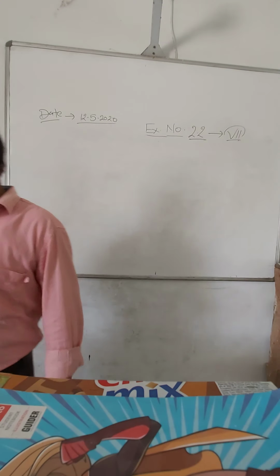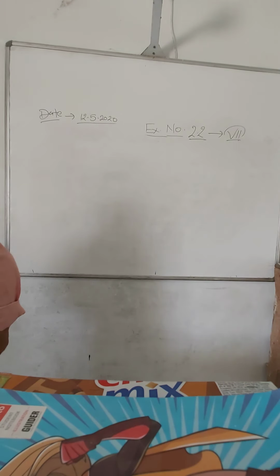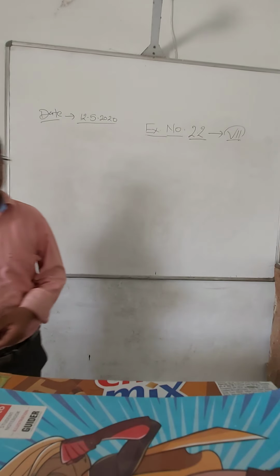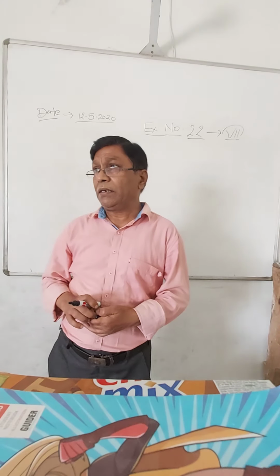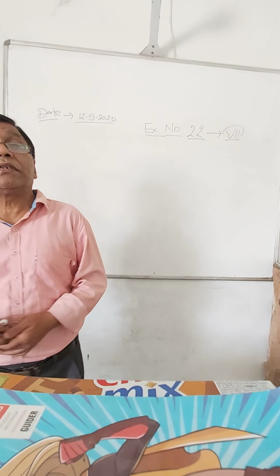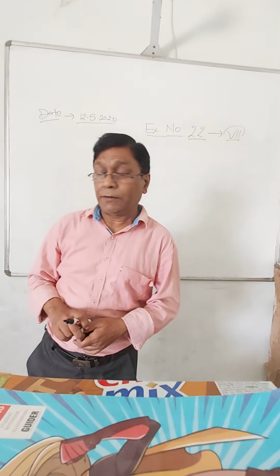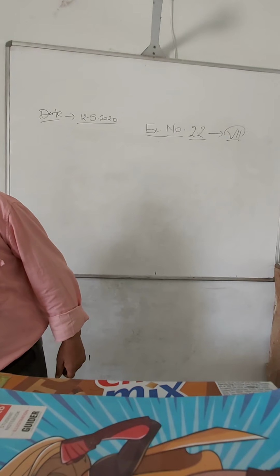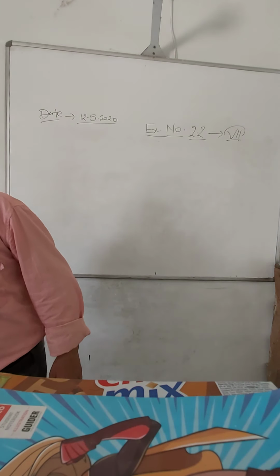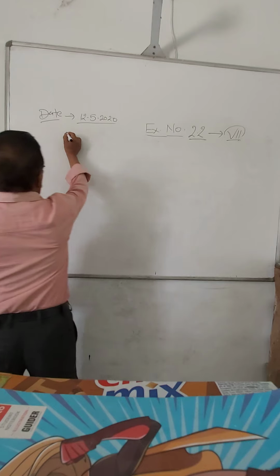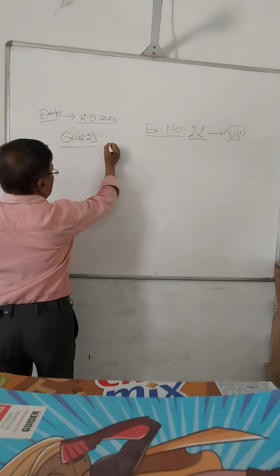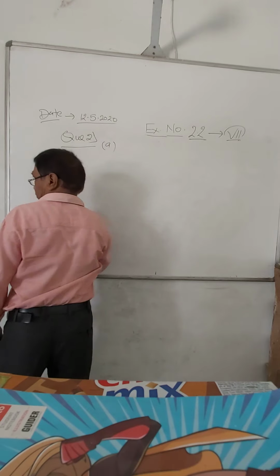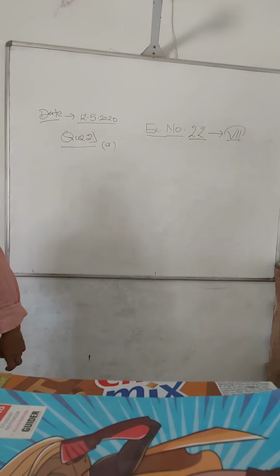Now you see, the first question was: multiply and write the following in the simplest form. Certain problems are there where you multiply and after that simplify. Question number 1, question number 2, A: 2 into 3 by 4.